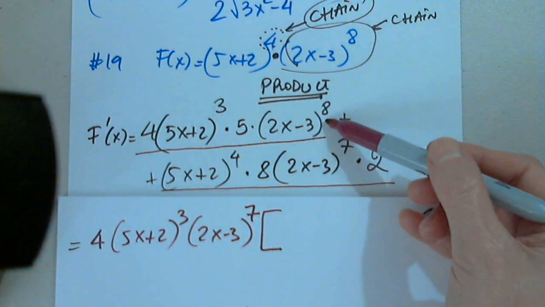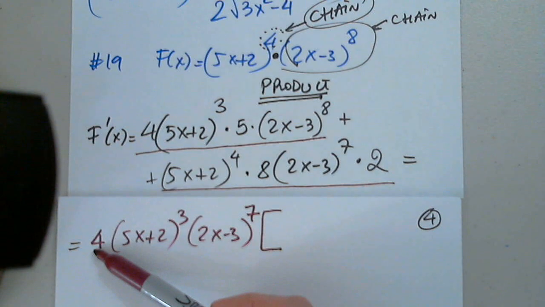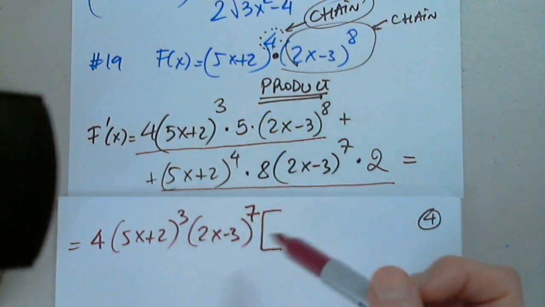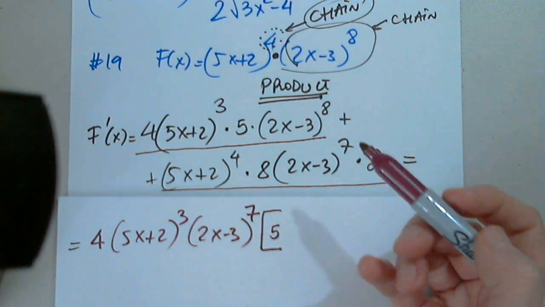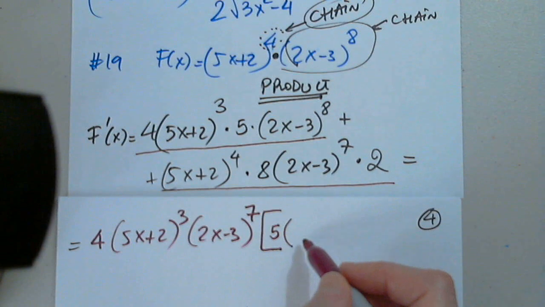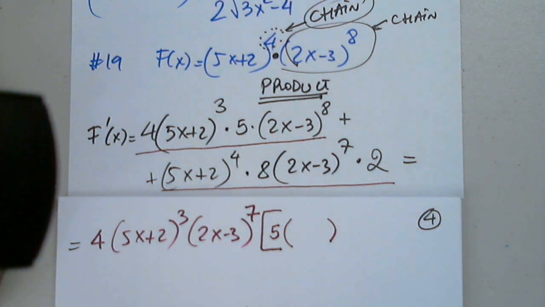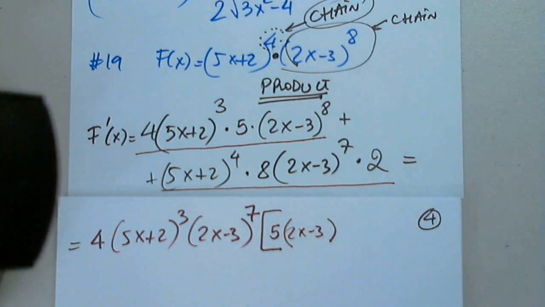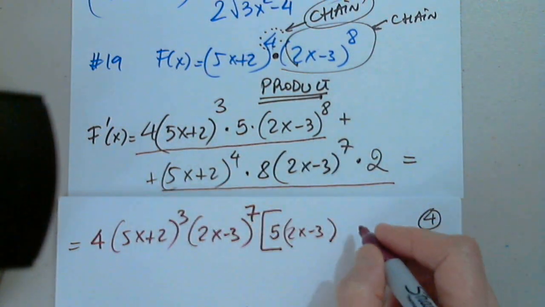From the first term, 4 is out. These are out. 5 is still in. From these 8, I pulled out 7. How many more are still left in? Just one. Exactly. I have to copy 2x minus 3. I reached the plus.